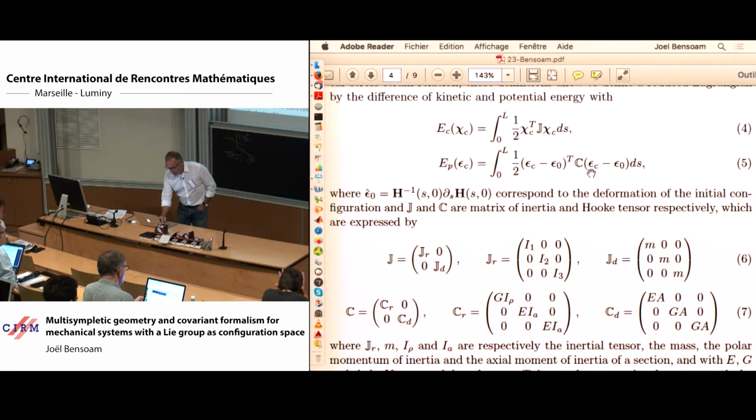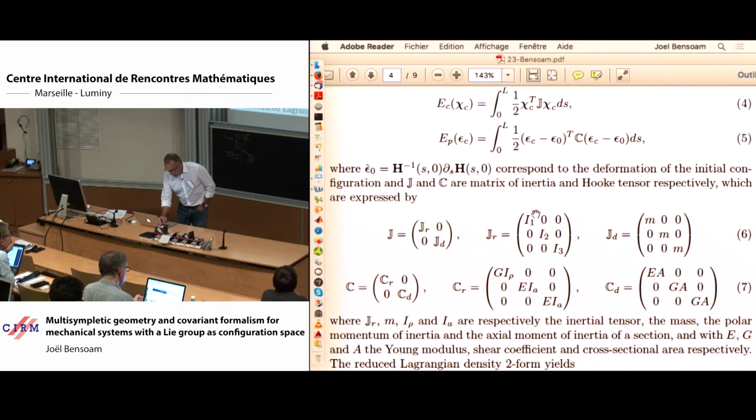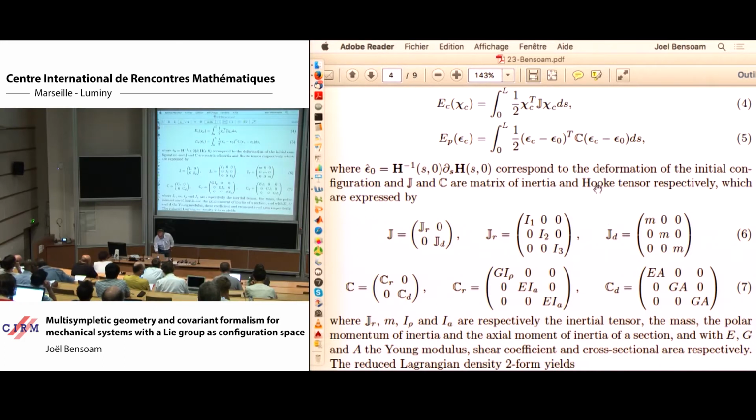So you have two matrices: the moment of inertia, which you need to compute the kinetic energy, and the Hooke matrix.